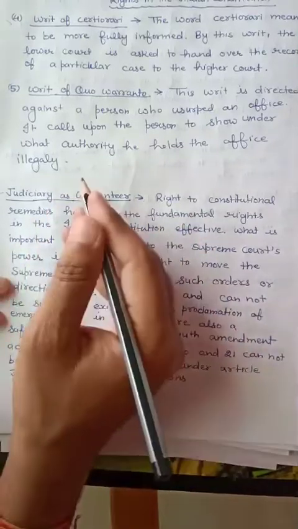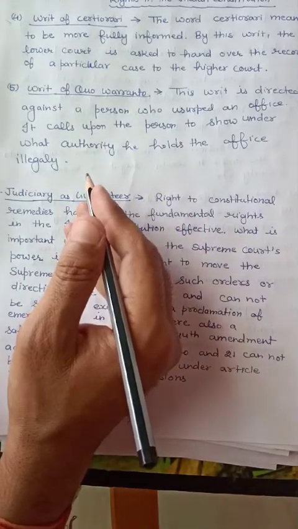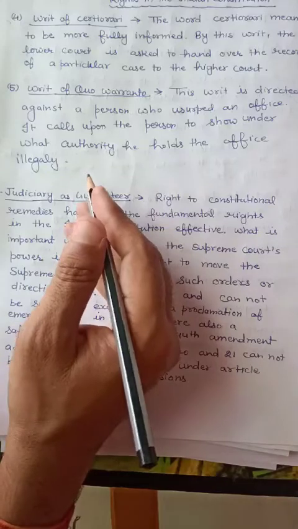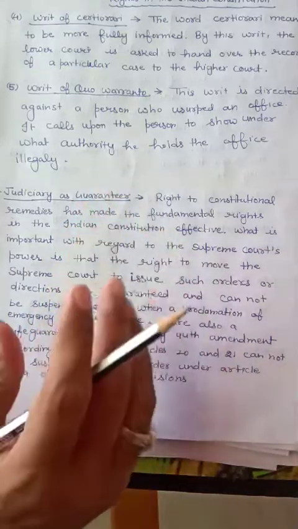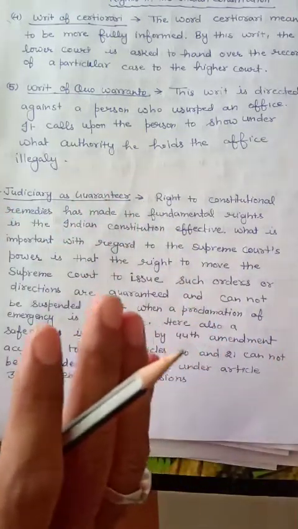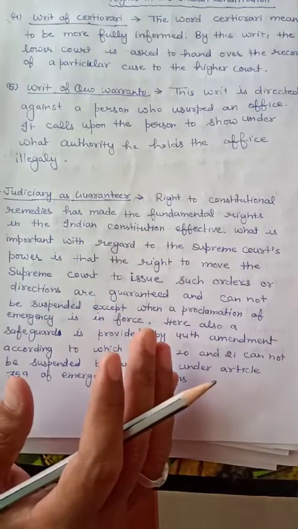I want to tell you about the national emergency which was imposed by Shrimati Indira Gandhi in 1975. At that time, most rights were suspended by the then Prime Minister.